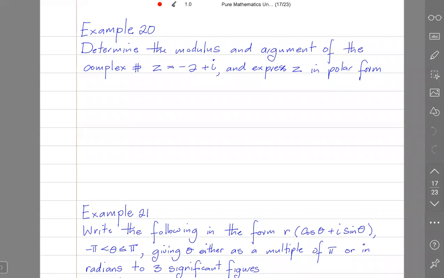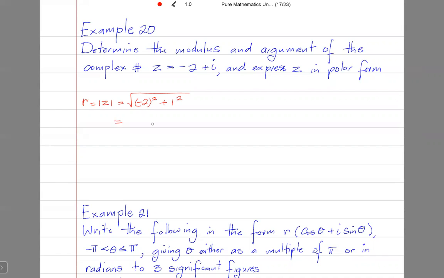All right, example 20 says determine the modulus and argument of the complex number z, and express it in polar form. So the modulus r of z is equal to the square root of -2 squared plus 1 squared. So this is the square root of 5.